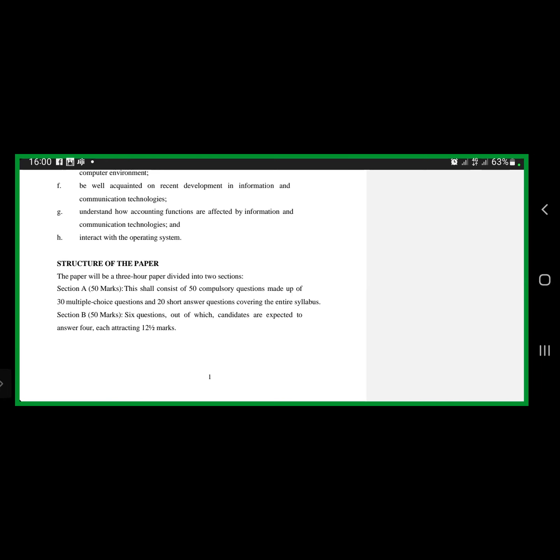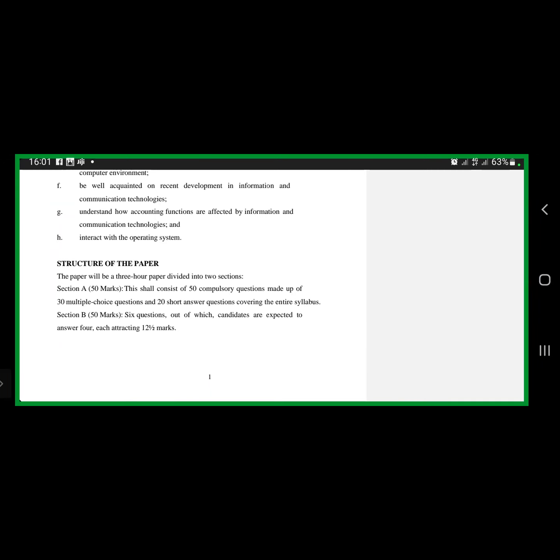For the multiple choice questions, you can score as high as 25, minimum of 25. And in the short answer questions, you should be able to score as high as 15, if not the whole 20. These are easy ways you can get your marks. It's not so much difficult. We are going to show you how you are going to do that.